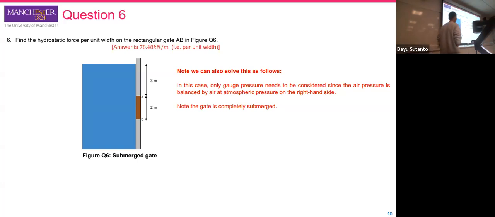The hydrostatic pressure is equal to the gauge pressure, because this is the increasing pressure from the atmospheric level. Because the gate is completely submerged.